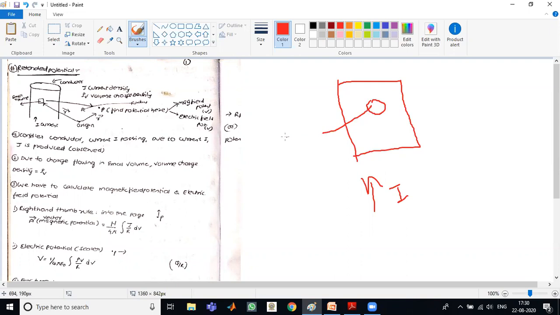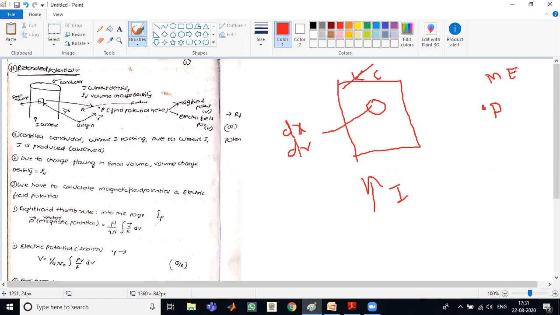This is a small volume. The element dx is a small volume dv. Okay, and this is the conductor. Now, at the point P, we have to find the magnetic field potential and electric field potential.